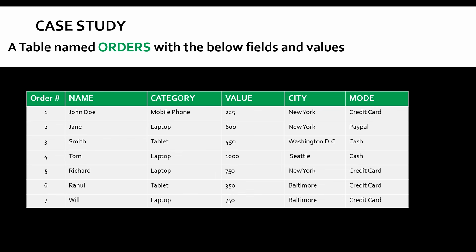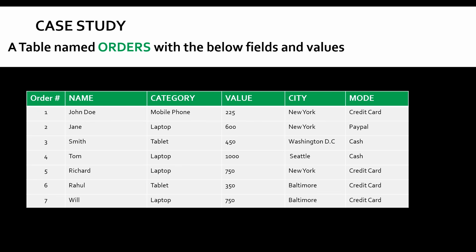Okay, let's get started. As we usually do, we take a case study and then answer the questions using the case study. So in this case study, we have an e-commerce company selling electronics like mobile phones, laptops, and tablets.